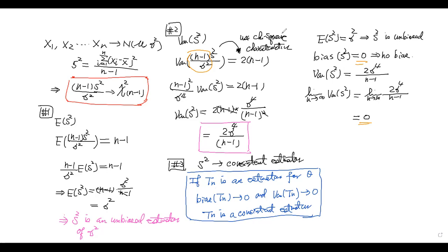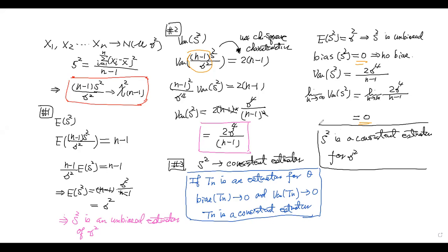So that is why I can conclude that s square, the sample variance, is a consistent estimator for sigma square. Okay.